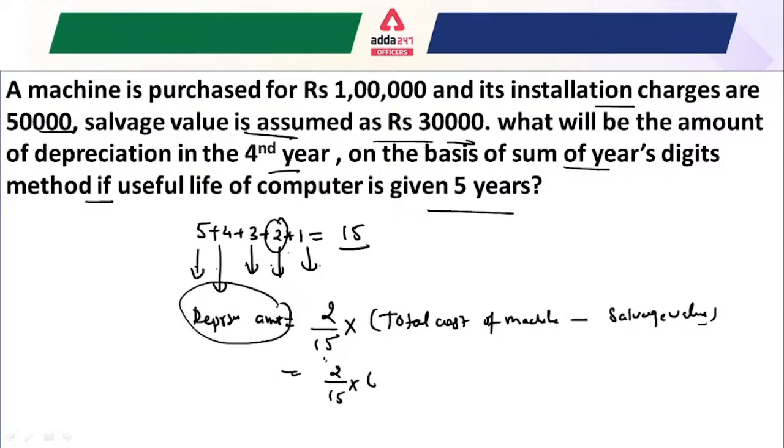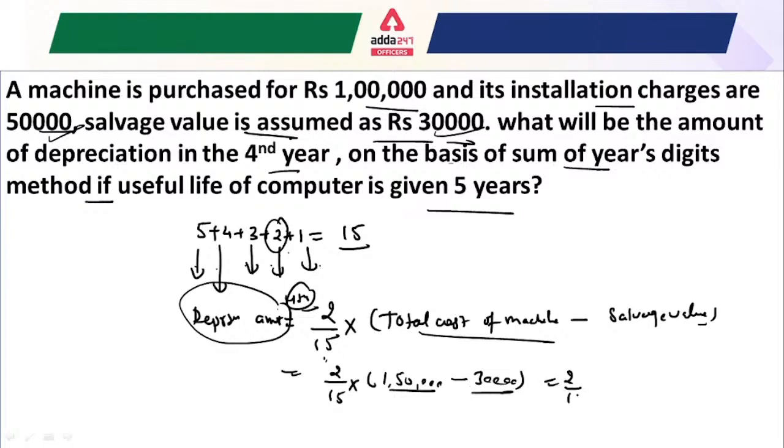The machine is purchased for 1 lakh rupees, installation charges are 50,000, and salvage value is 30,000. So the total cost of the machine would be 1,50,000 rupees, and the salvage value is 30,000, right?